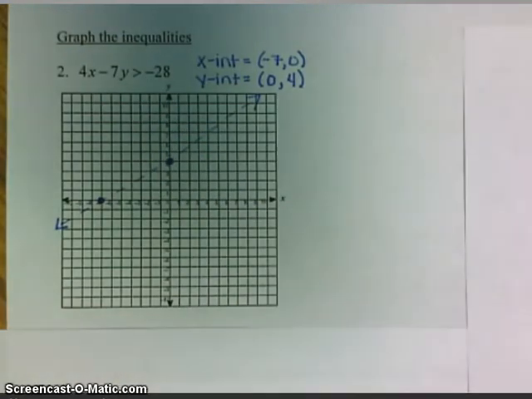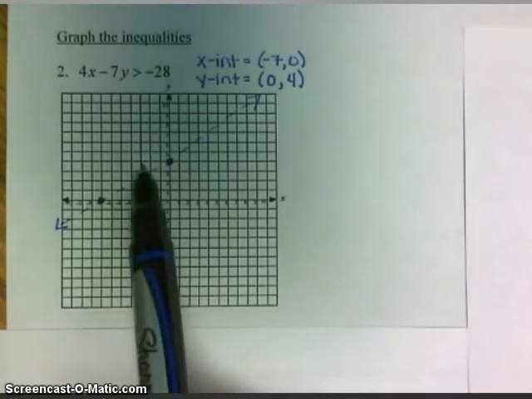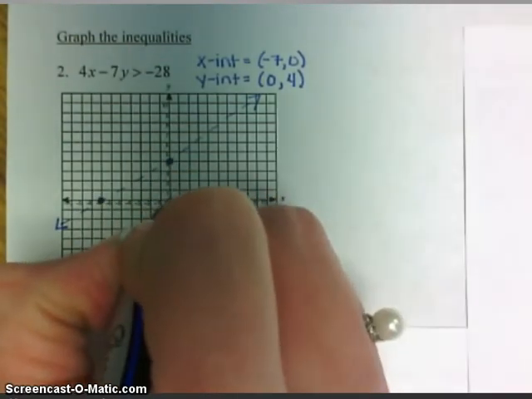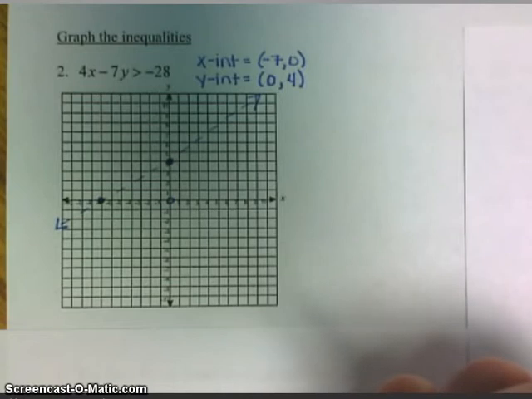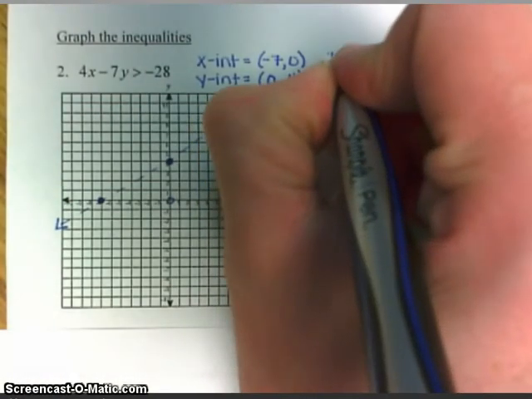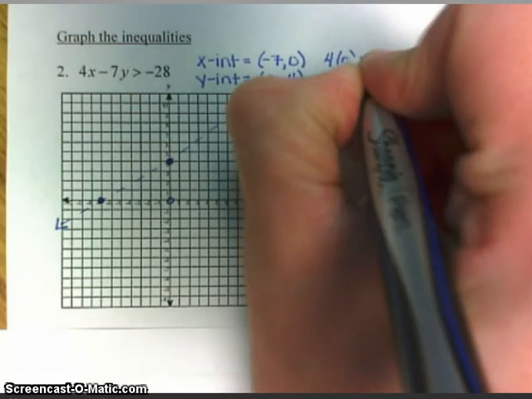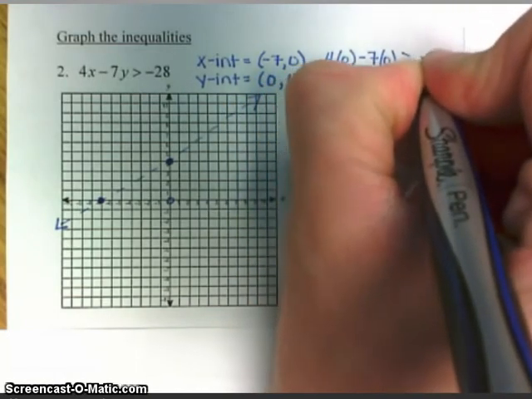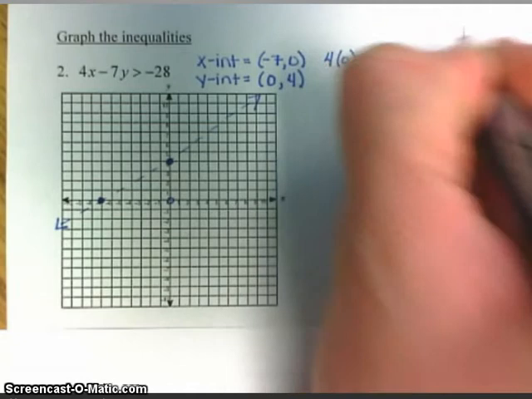Now we have to decide, am I going to shade above this line or below this line? My suggestion was to always use 0, 0 as a point. So take your inequality, put 0 in for x, put 0 in for y, that's the origin, and let's decide if this is true or false, kind of like question 1.